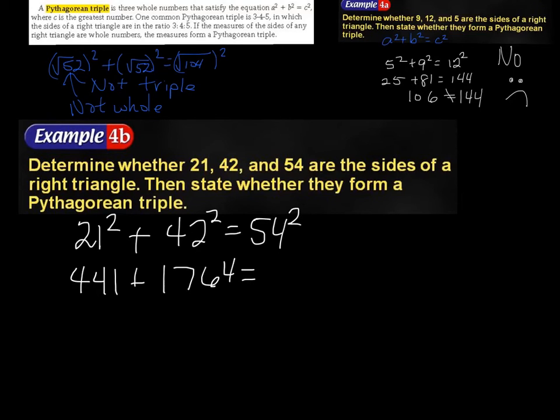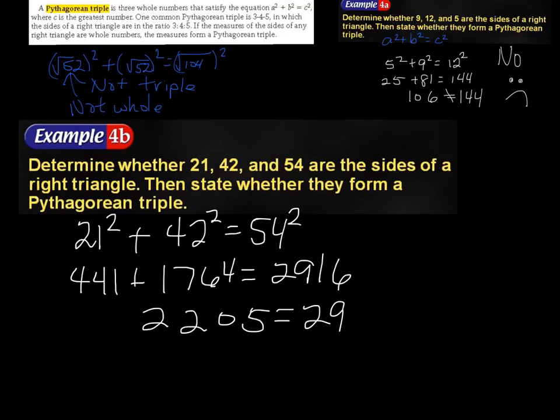And we're hoping that that sum will equal 2,916. When I use a calculator, by my rules of expectation this one should have worked. It did not either. So this one is also a no. They will give you some in the assignment where a squared plus b squared does in fact equal c squared, just not those.